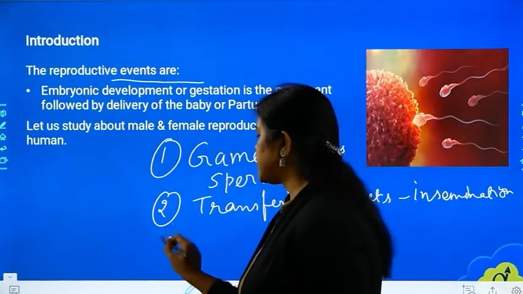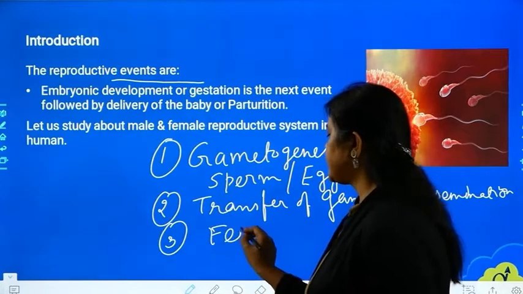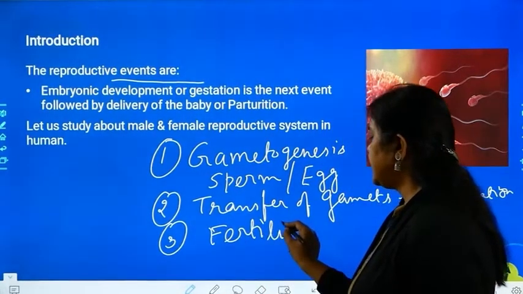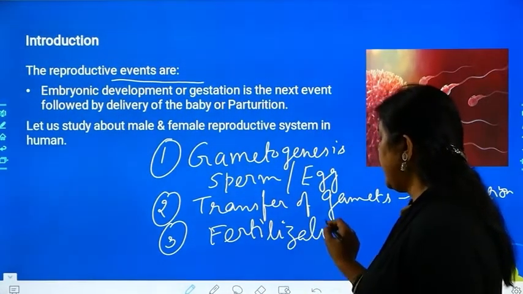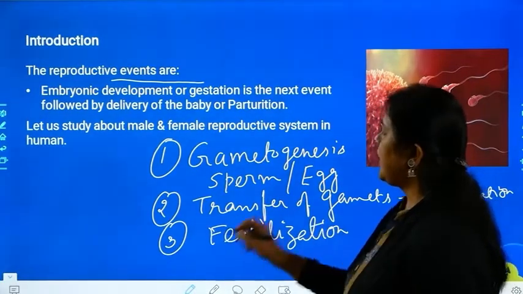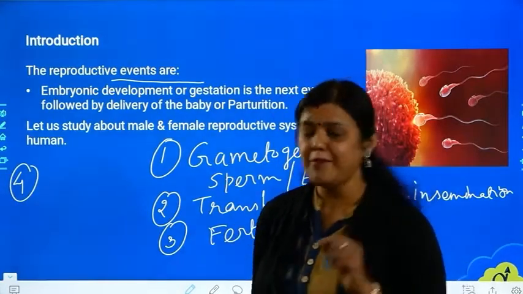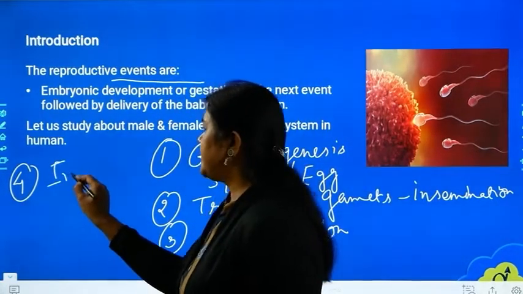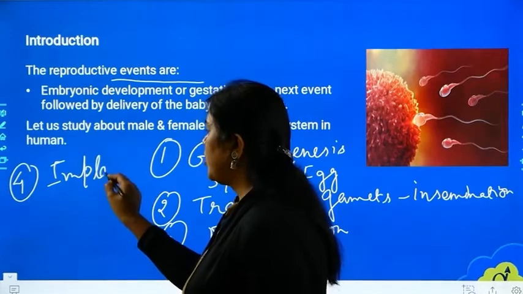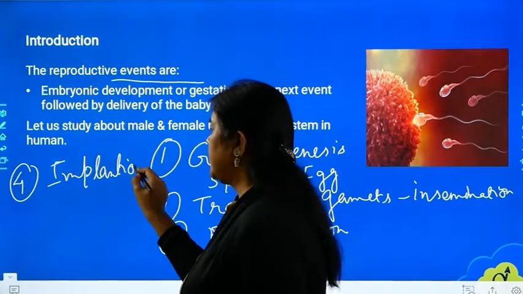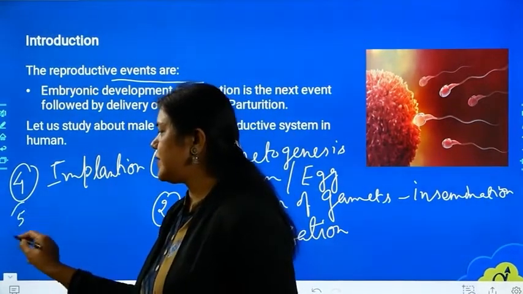Then the third process is fertilization. And then we have the fourth process. After the fertilization, what happens? Implantation. That means fixing of the embryo to the uterine wall is called implantation.